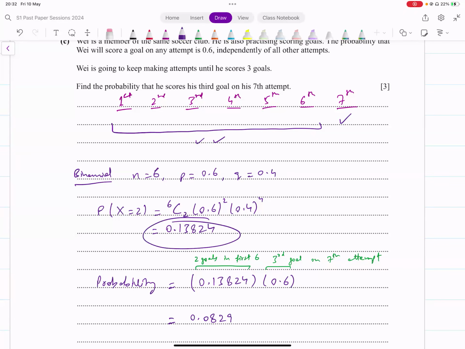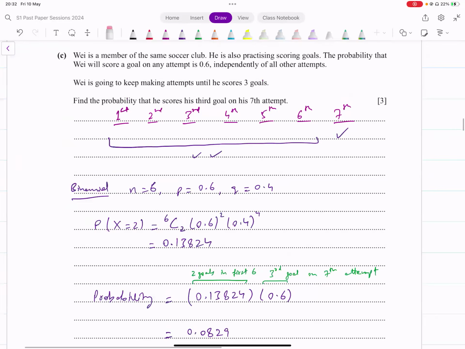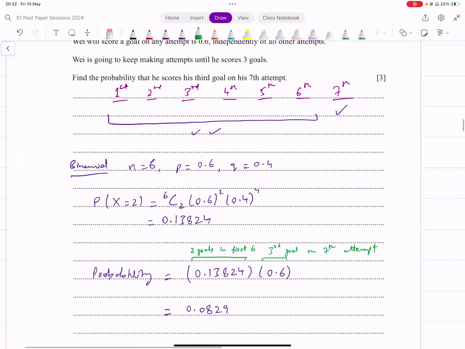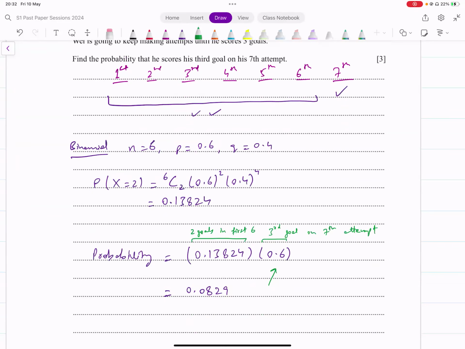This is just giving us the probability of scoring 2 goals in the first 6. Now, at this point, we have already scored 2 goals in the first 6. And then the 3rd goal comes on the 7th attempt. What's the probability of scoring on the 7th attempt? The probability of scoring a goal in the 7th attempt is also 0.6. So we multiply this by 0.6. That's the probability of scoring on the 7th attempt.